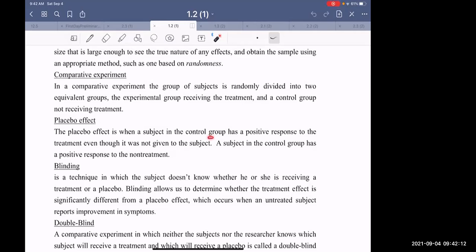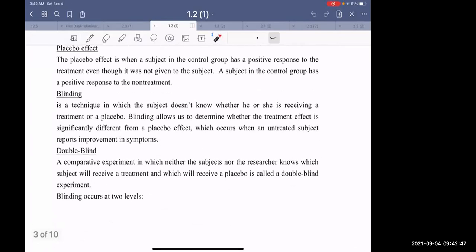If you are looking at, let's say, the pharmaceutical industry, these effects can be extremely large, nearly as large as the positive effects for the experimental group. It's amazing how large they are. So when a subject in the control group has a positive response to a non-treatment, we call this the placebo effect.